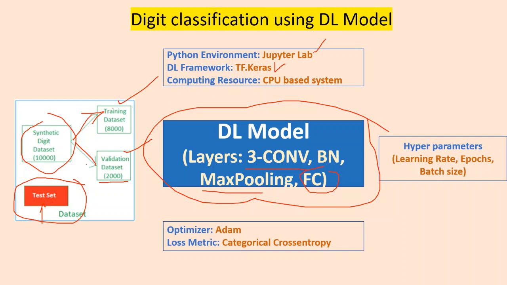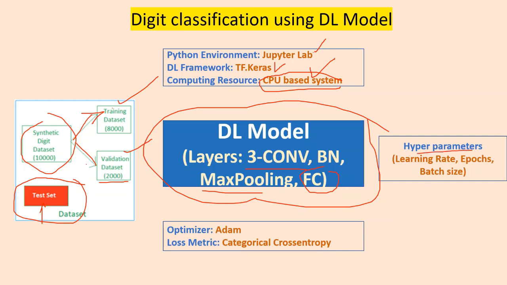The tf.keras framework is recommended by TensorFlow developers after the introduction of TF 2.0. And since the number of parameters is small, the CNN model I have is a very simple model, so it can easily be trained on any CPU-based system.